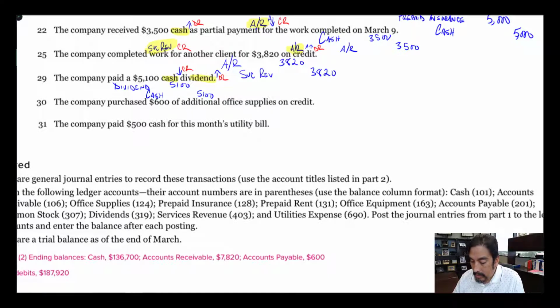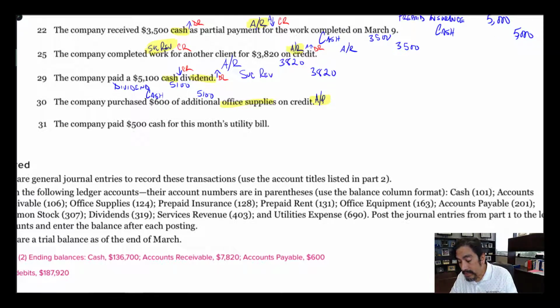On the 30th, we purchased $600 of additional office supplies on credit. So our accounts are office supplies, and on credit, when we purchase on credit, it means accounts payable. So there are two accounts.